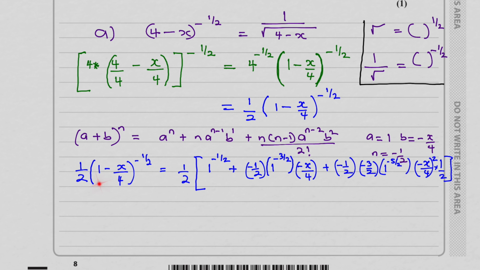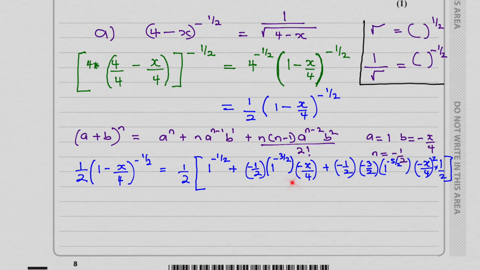I'm only expanding this bit here with that rule. I said a is 1, so you go 1 to the power of n, plus n, which is minus a half, 1 to the power minus a half minus 1, is minus 3 over 2, and then b is minus x over 4.